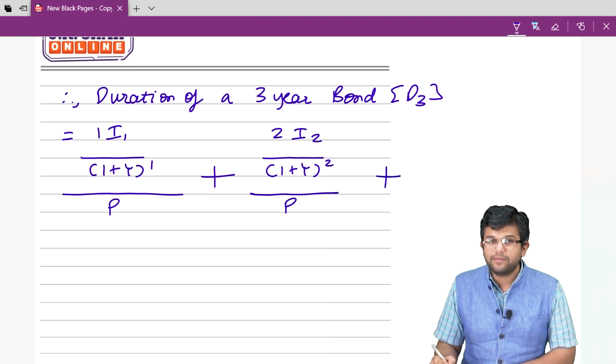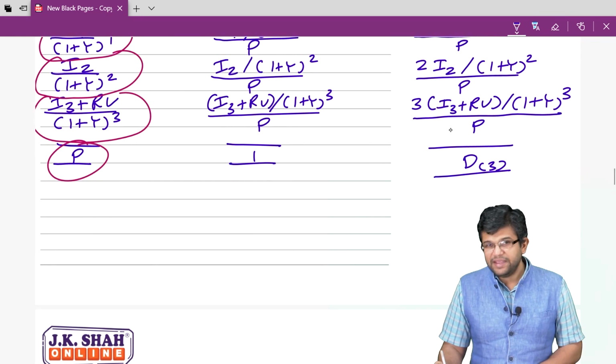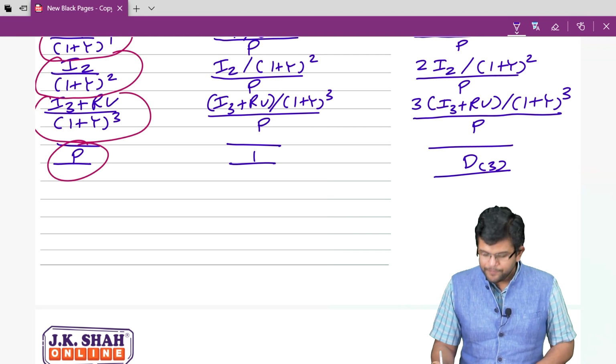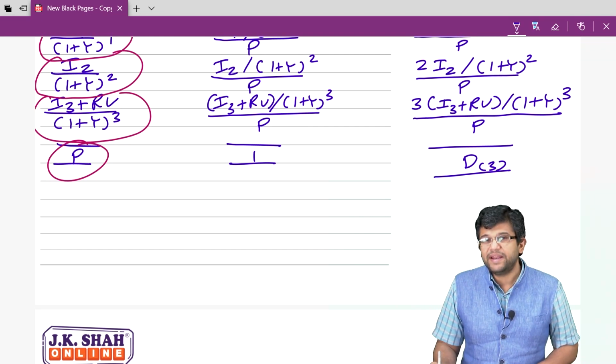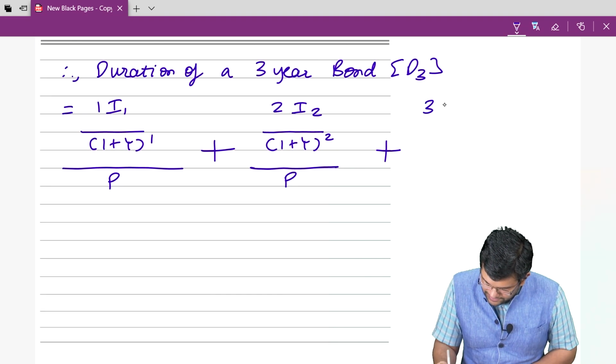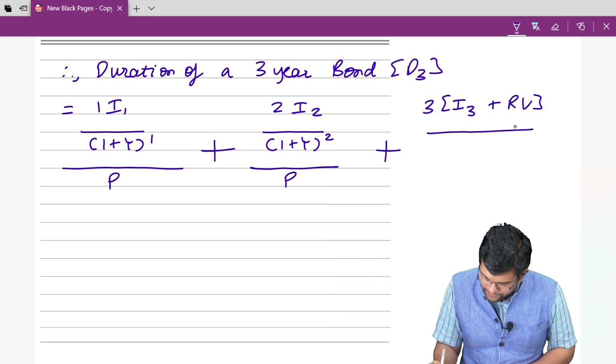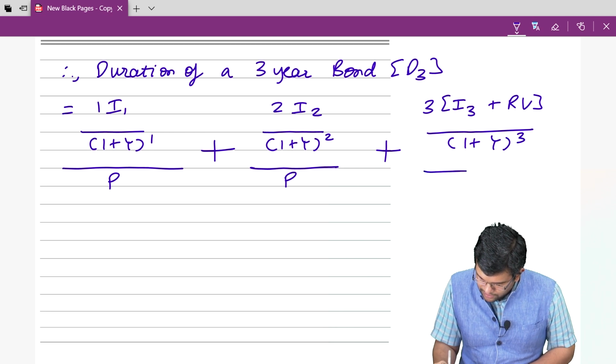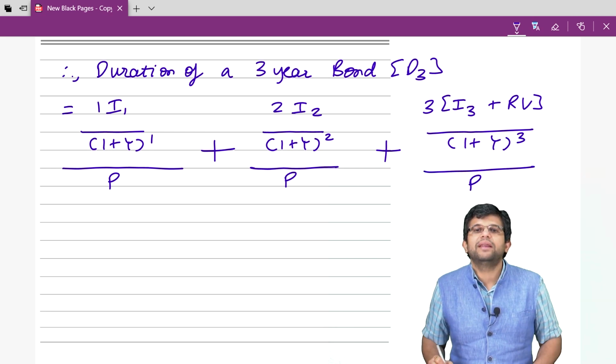Plus the third term, children, the third term is 3 bracket (I3 plus RV) the whole divided by (1 plus Y) raised to 3 the whole divided by P. Children, so I'll write down here 3 (I3 plus RV) divided by (1 plus Y) raised to 3 the whole divided by P.